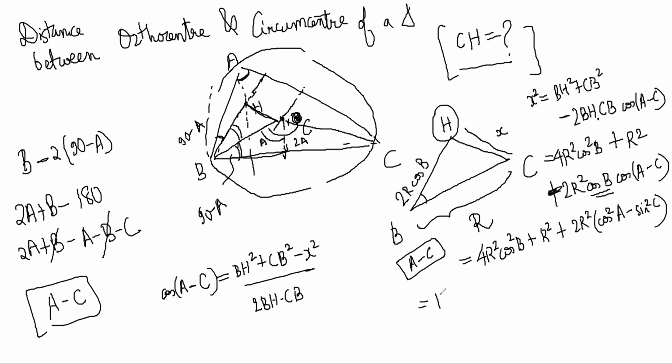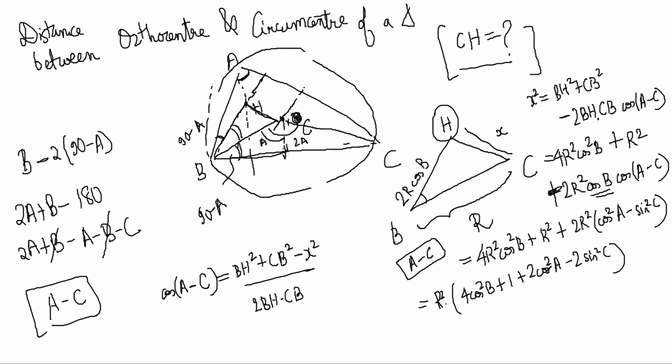Now R square I can take common. It becomes 4 cos square B plus 1 plus 2 cos square A minus 2 sin square C, right? So this is now minus 2 plus 2. 1 minus 2 sin square C is cos 2C, right?